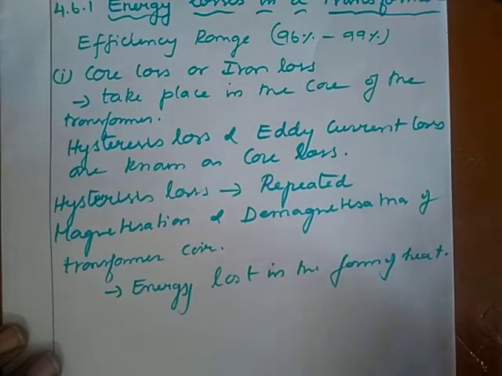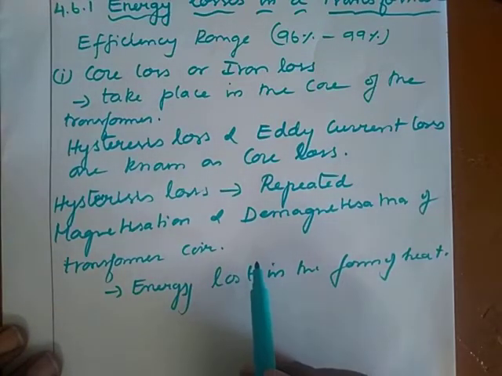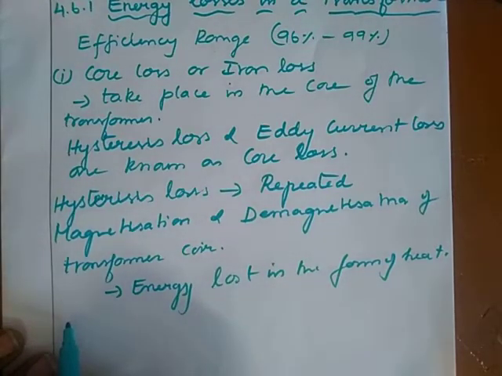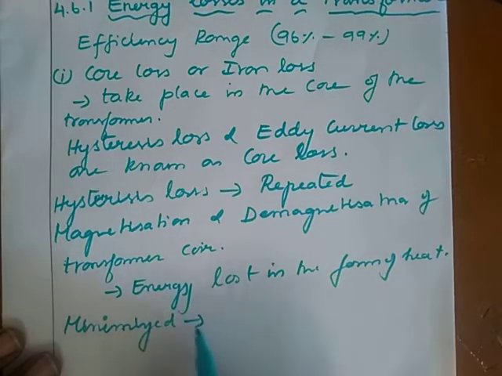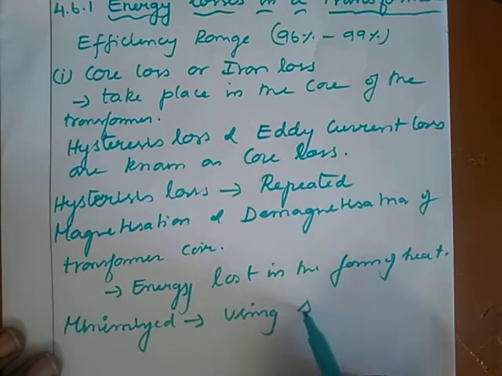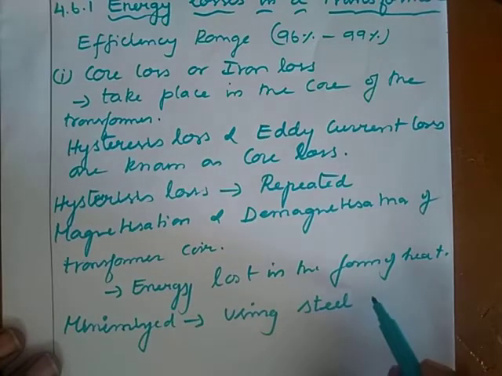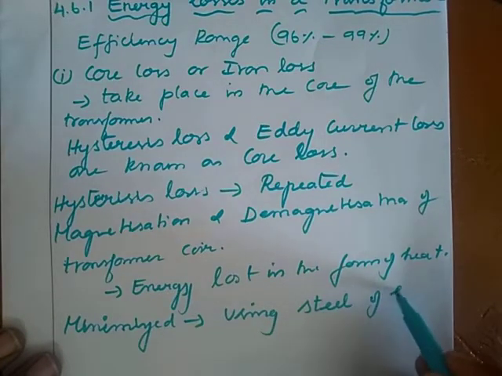Okay, we can use the transformer core in the form of steel of high silicon content. Minimize. How to minimize? Using steel of high content silicon.